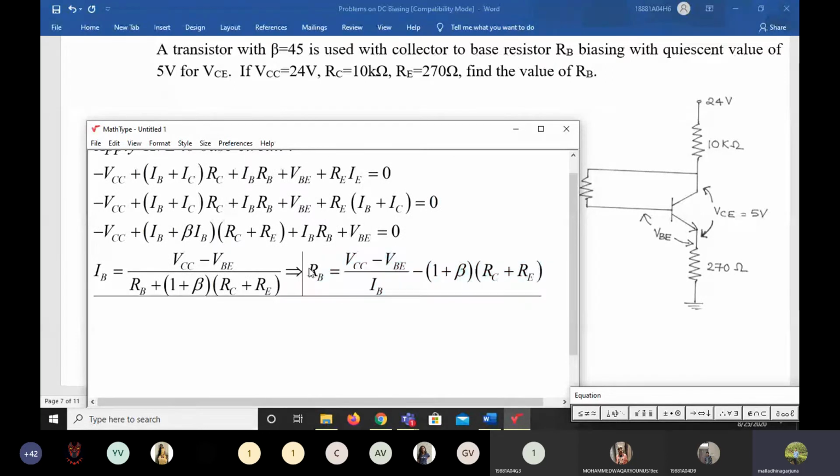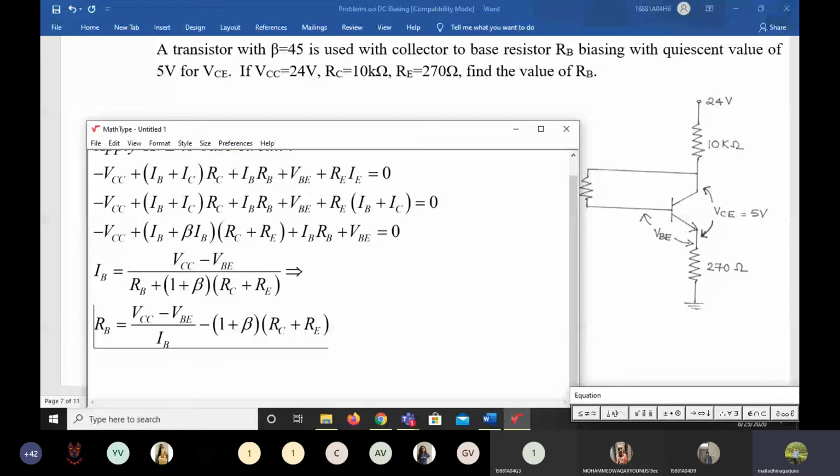We will solve it. What is the answer? VCC 24 minus 0.7 divided by... Okay, and IB, how much is it given? Wait. We don't have IB also.